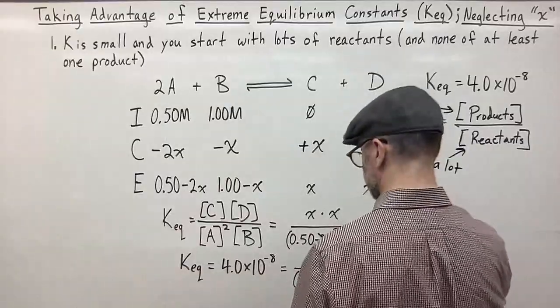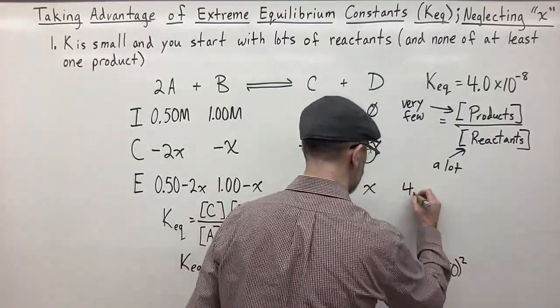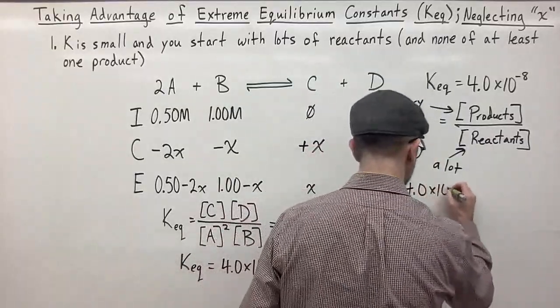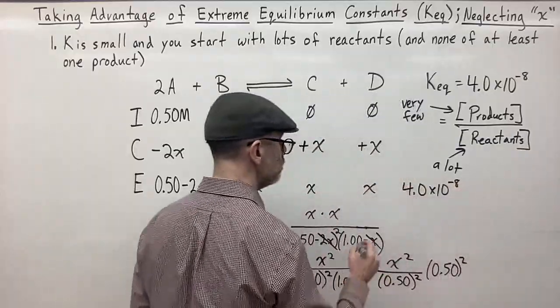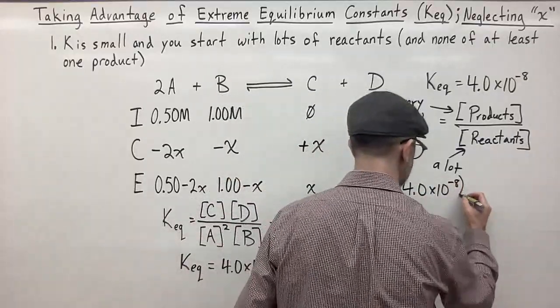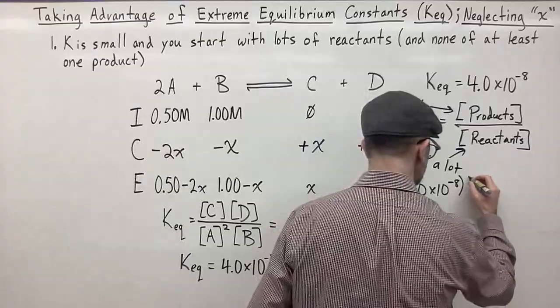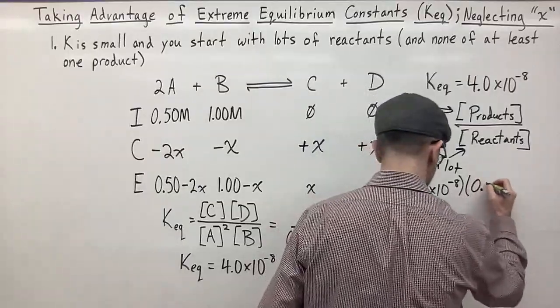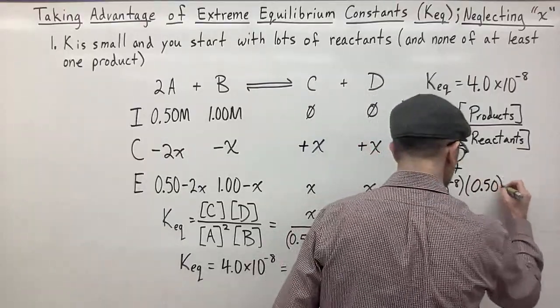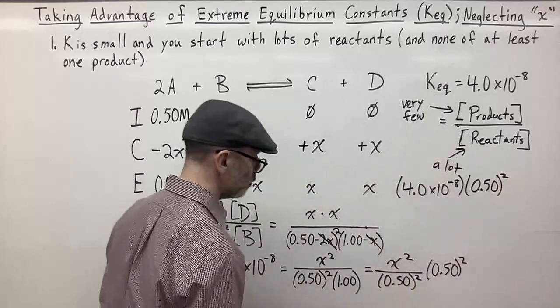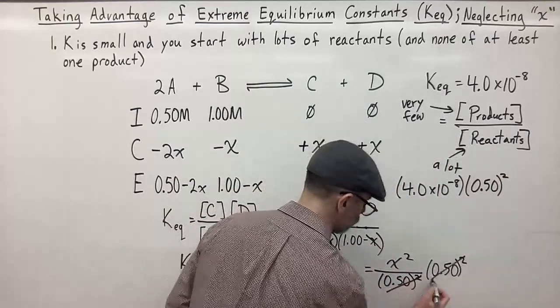So I'm going to have 4.0 times 10 to the negative 8, multiplied by 0.50 squared, right? And remember, this cancels out.